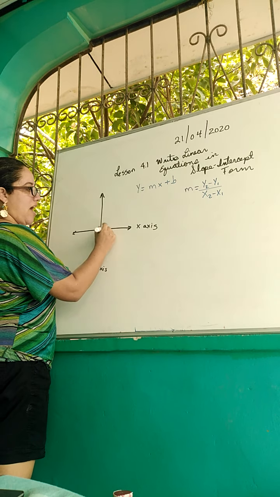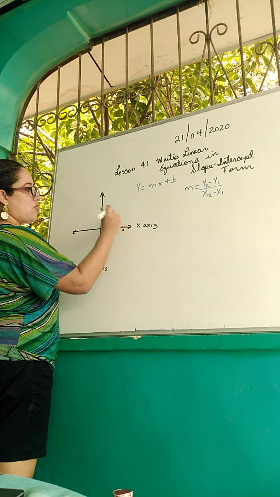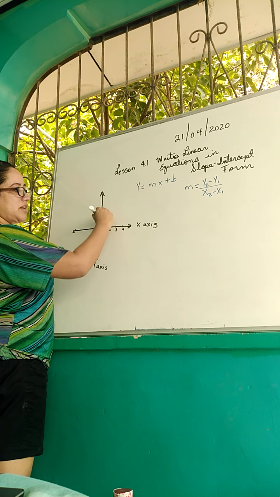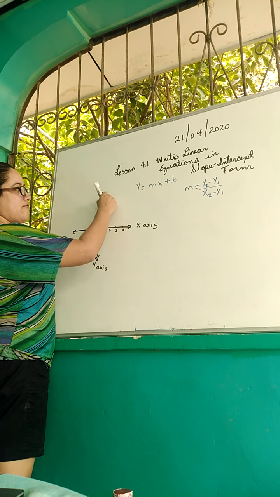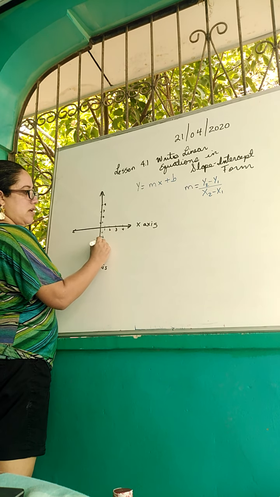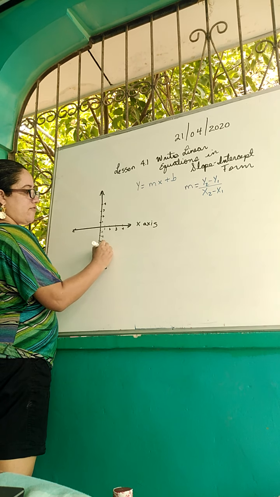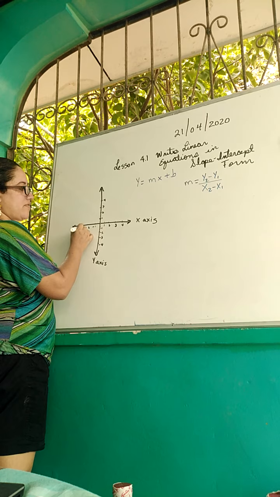You have 1, 2, 3, 4 positive, and negative 1, negative 2, negative 3, negative 4.